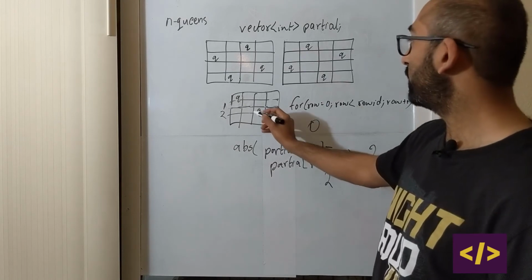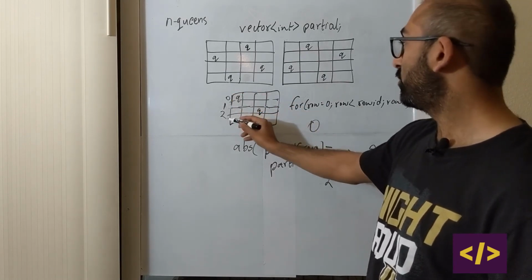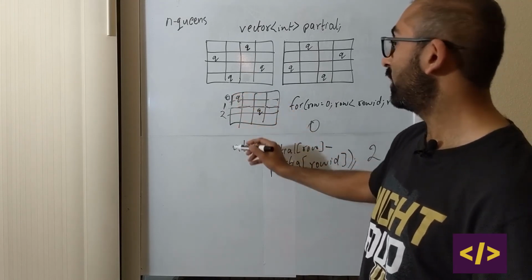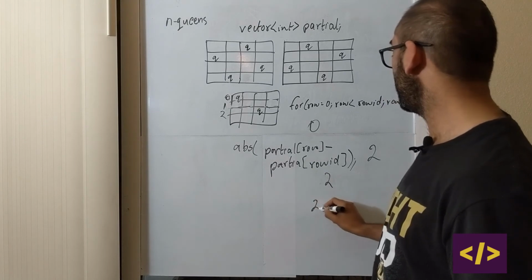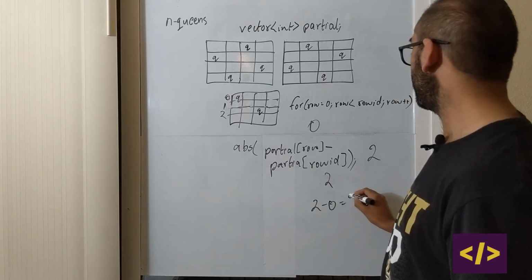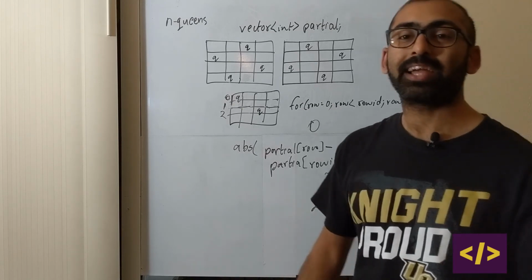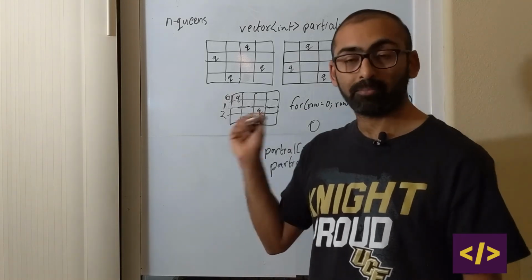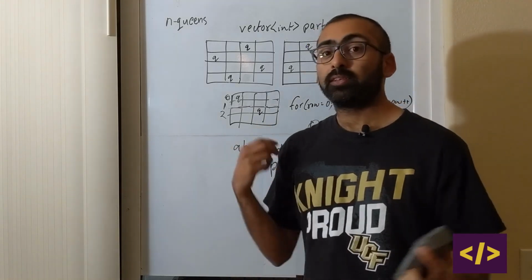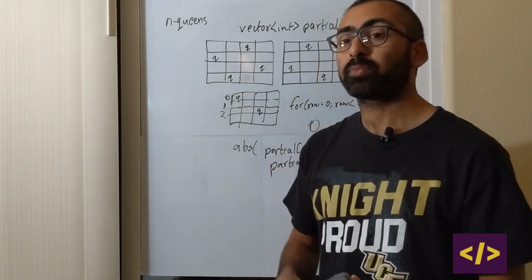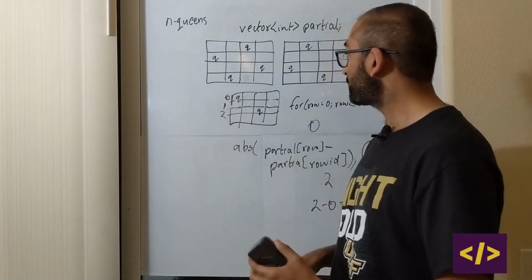Now we check the row ID, which is 2, against the row we're comparing with, so that's also 2 minus 0, which is 2. And now you've found another diagonal, so you can't go down that path. So that's how you check whether this is a valid possibility for keeping the queen there or not.